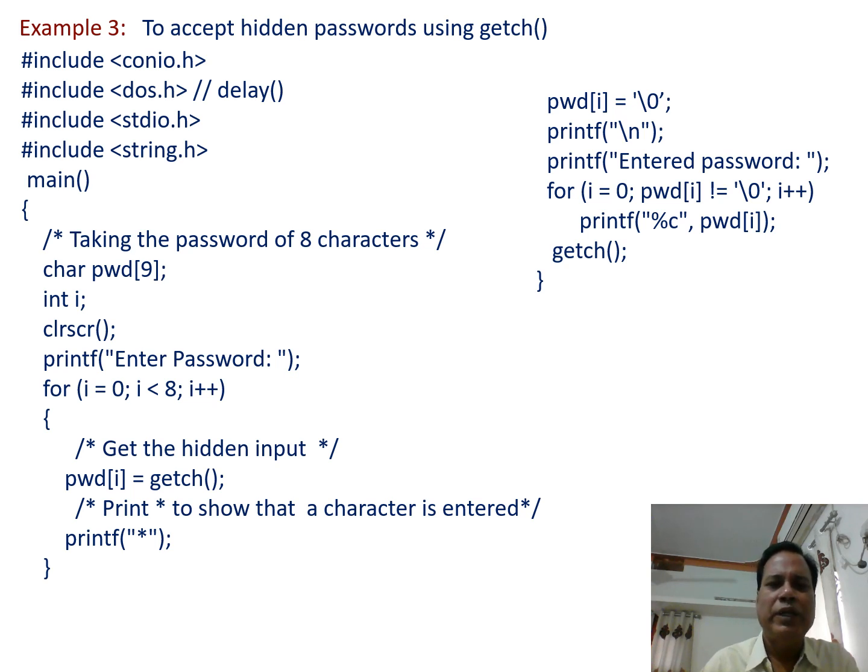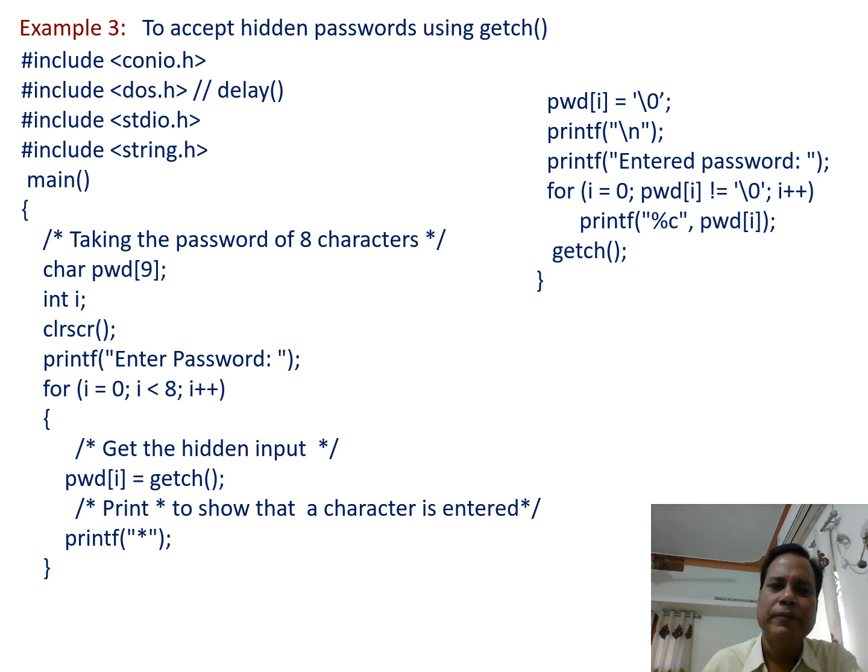Now within the open and close brace of the main function, here first is the pseudo code that is taking the password of 8 characters. So what code here we are writing is for entering the 8 characters. First statement: char pwd[9].